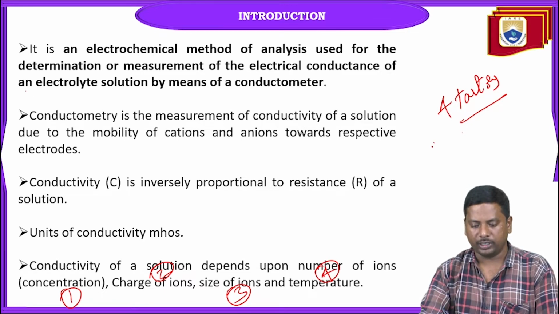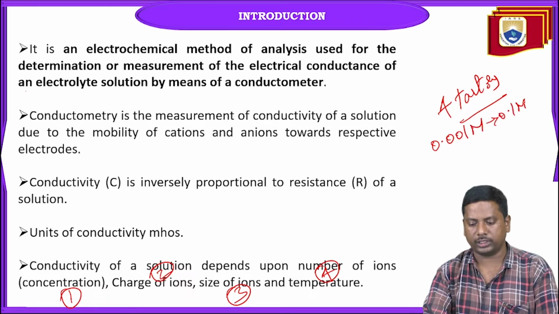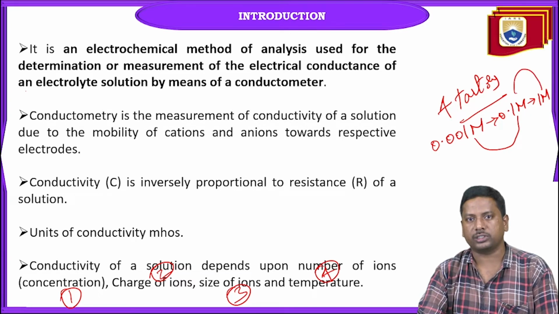For example, from 0.001 molar solution to 0.01 molar, 0.1 molar, and 1 molar solution, the concentration will be increased. Whenever the concentration increases, the total number of ions also increases, and the mobility conducted by the overall ions also increases.